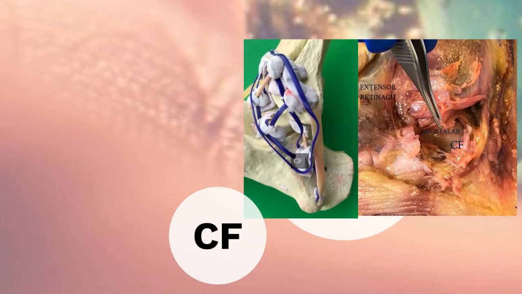Now in the diagram, you can see that when the peroneus tendons are released for this dissection, the calcaneofibular ligament is cut, then the extensor retinaculum continues, and more anteriorly we can see the ATF.